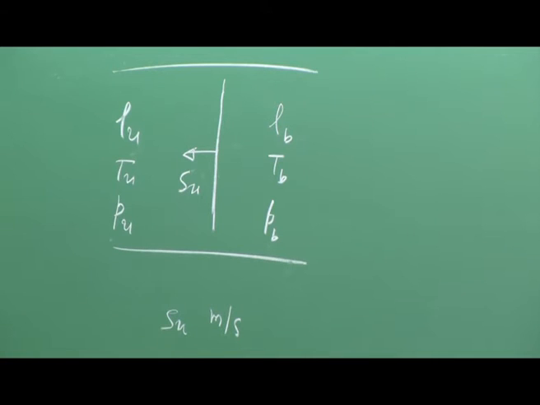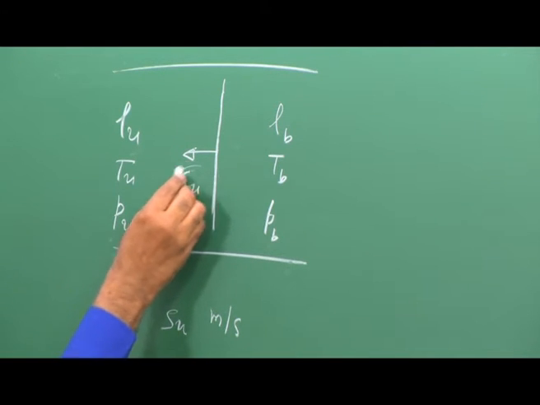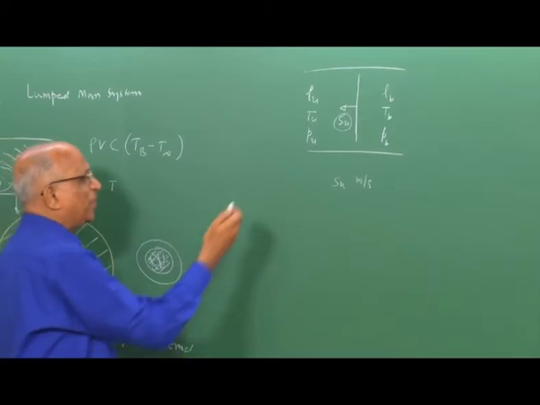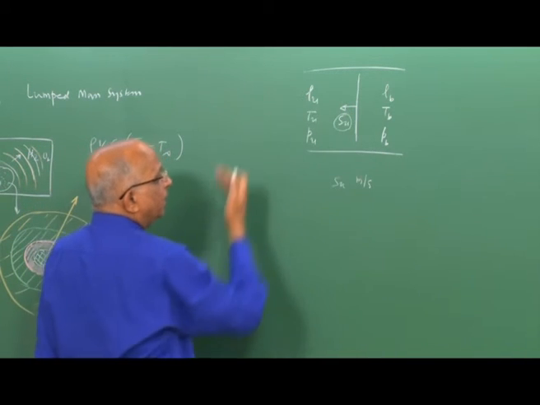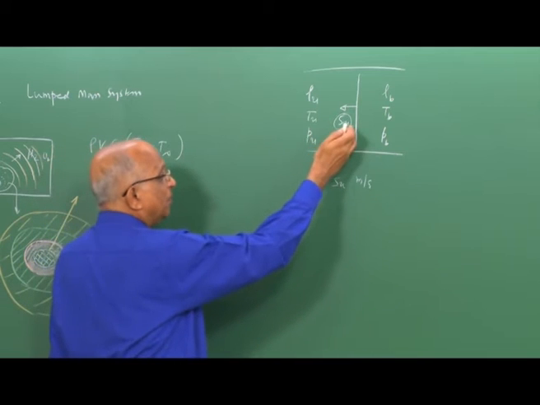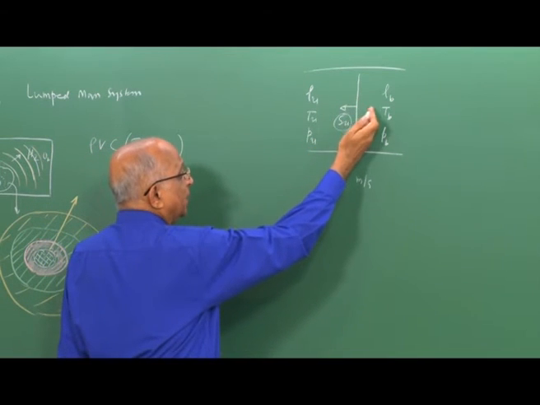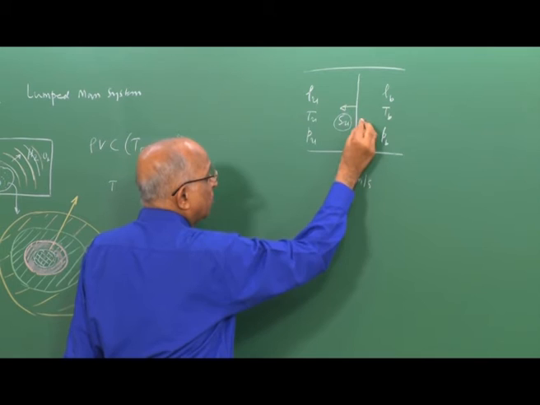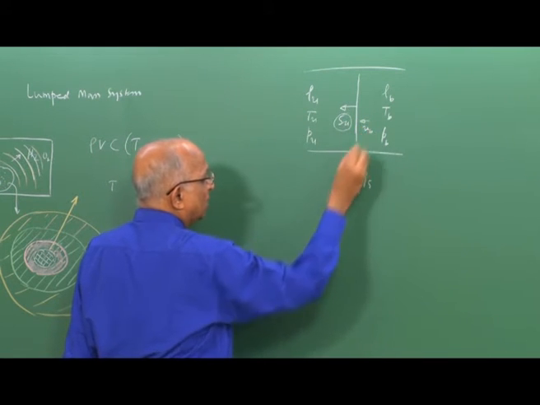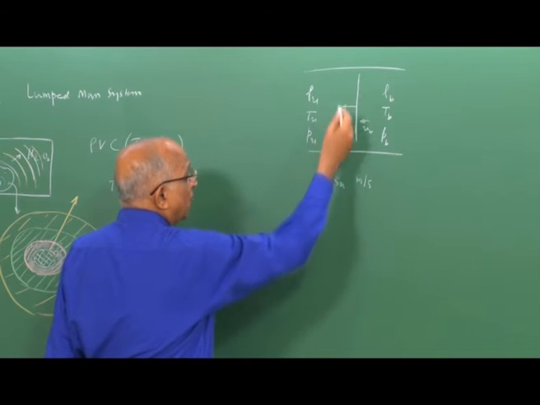This is the problem, and I want to determine the speed at which the combustion wave propagates into this medium. As we did whenever we talked of waves propagating into a medium, when the wave propagates, I should have some velocity within the medium, let us say u in the burned gases behind the wave, which is moving at Su.